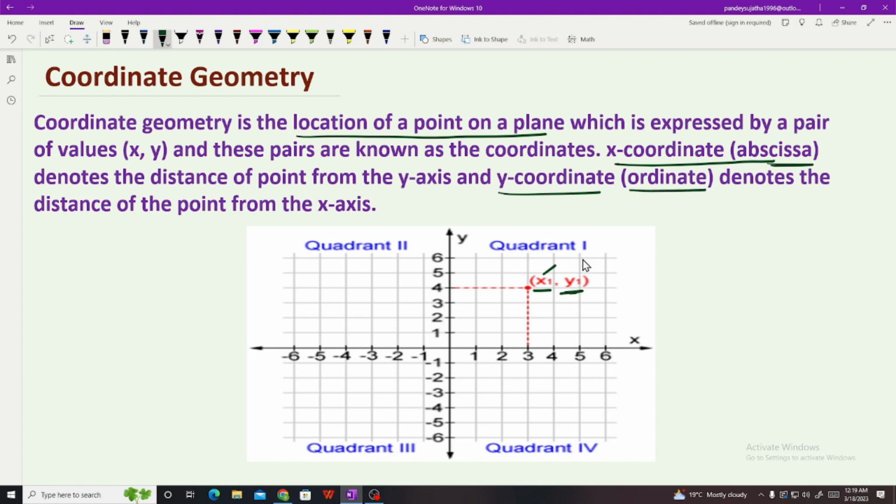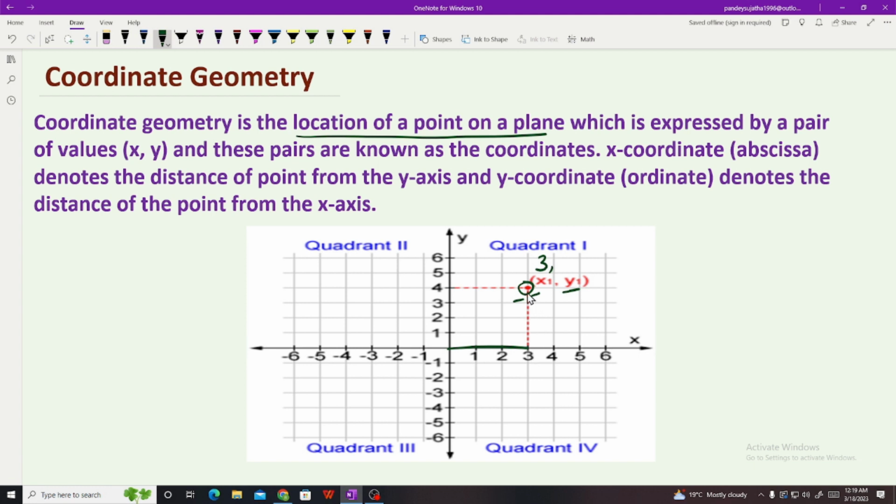So here the x coordinate denotes the distance of this point from the y-axis. Here this point is at a distance of 3 units from the y-axis, so the value of the x coordinate is 3. The y coordinate denotes the distance of this point from the x-axis.